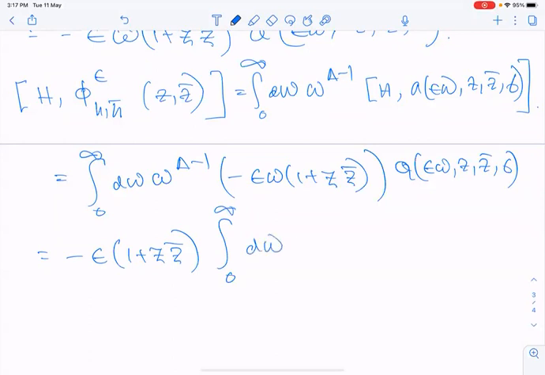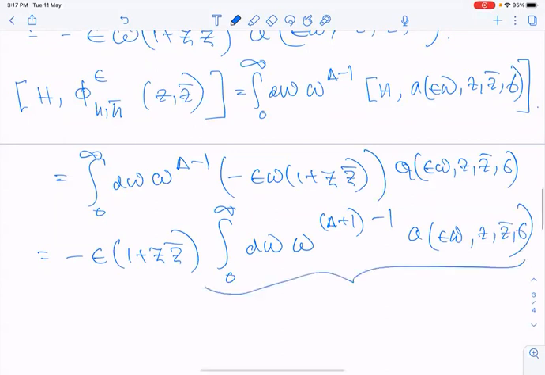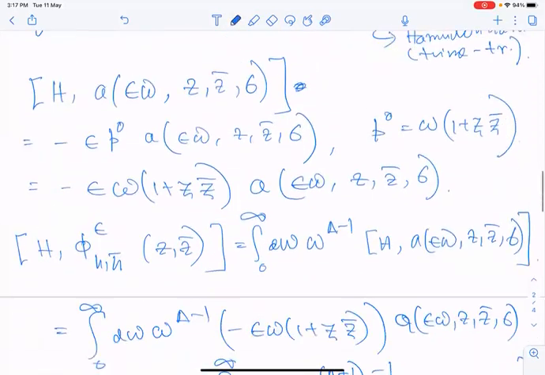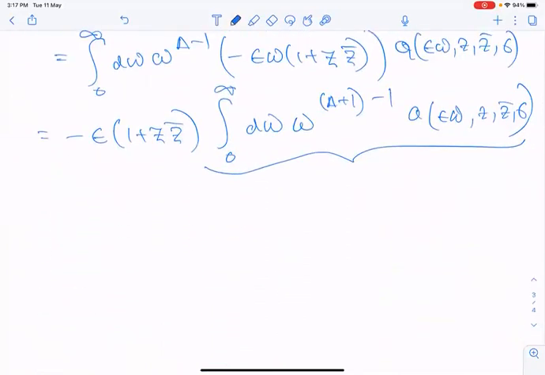So you can write this as omega to the power delta plus 1 minus 1 e to the epsilon omega z bar sigma. Now this integral is essentially the same integral, but the delta has been shifted by 1. But since the spin does not shift, what it essentially does is that h and h bar both shift by half. So that means I can write this object as phi epsilon h plus half, h bar plus half, and then z bar.